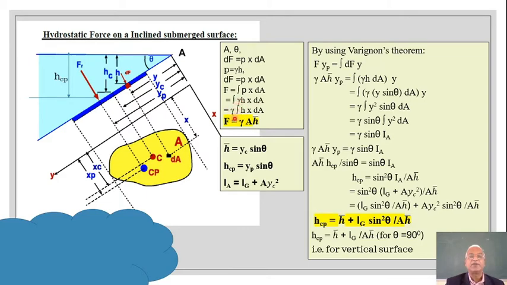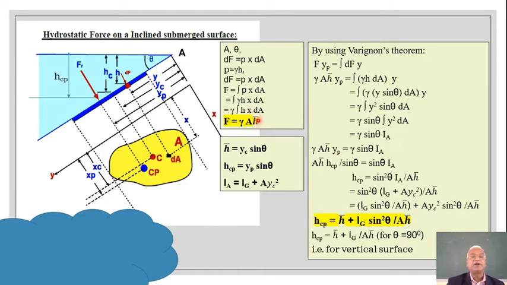Because of that it will be integration of H dA, which is nothing but the moment of area about this axis, which will be equal to the area multiplied by the distance of the centroid from the free surface, HC. Distance of centroid from the free surface is HC. So that's why F equals gamma A H bar.